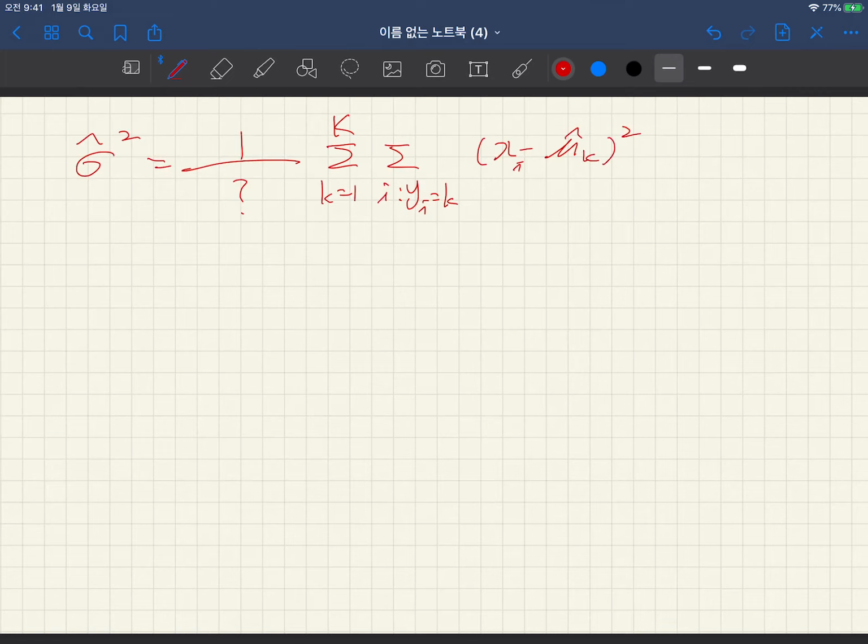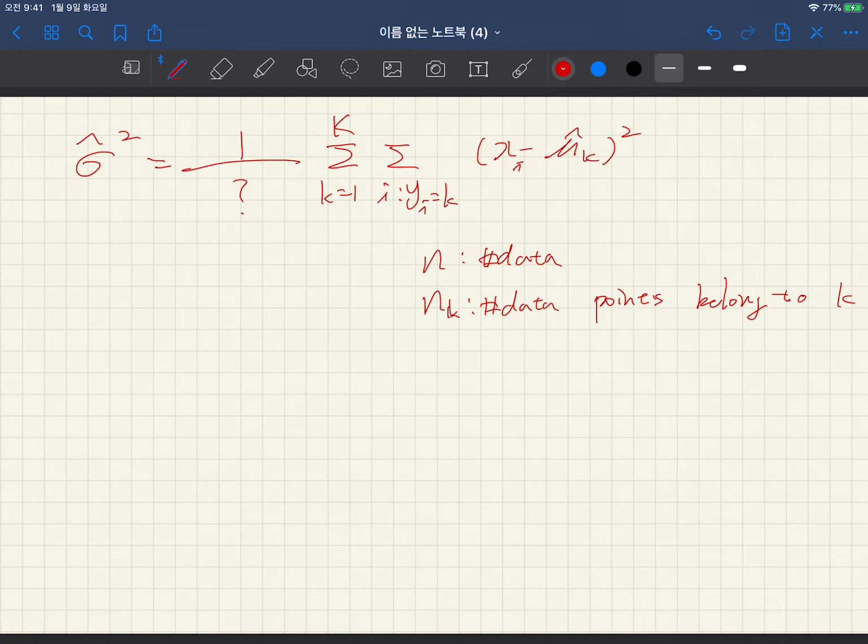So here there are n data points, and nk denotes the number of data points belonging to cluster k.